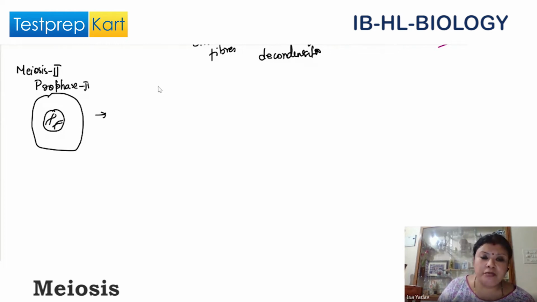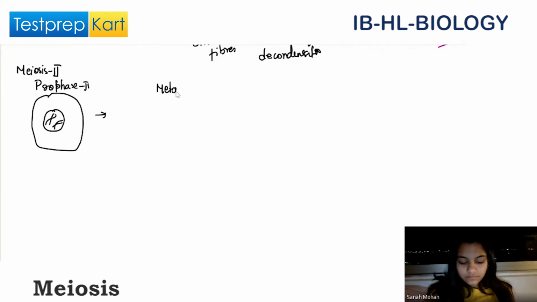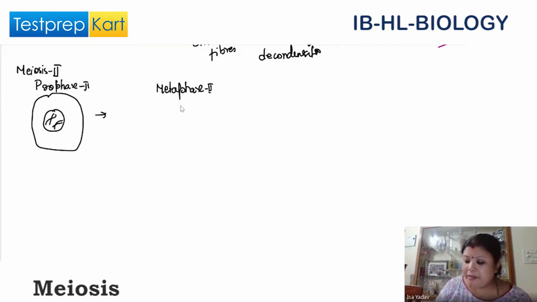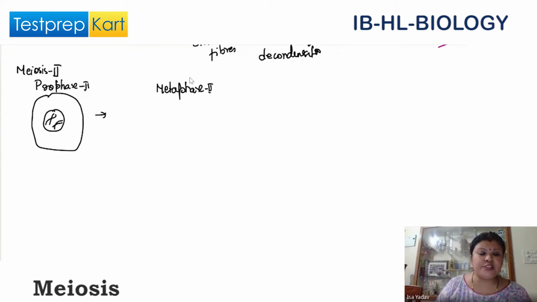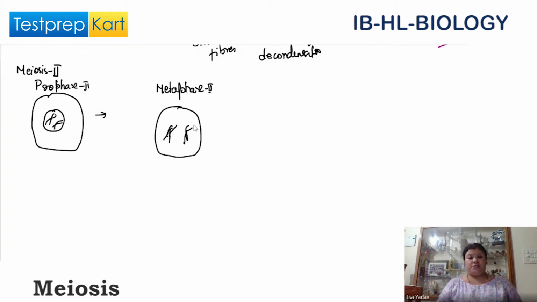Then we have metaphase 2. In metaphase 2, all the chromosomes will align in the equatorial plate, like this.